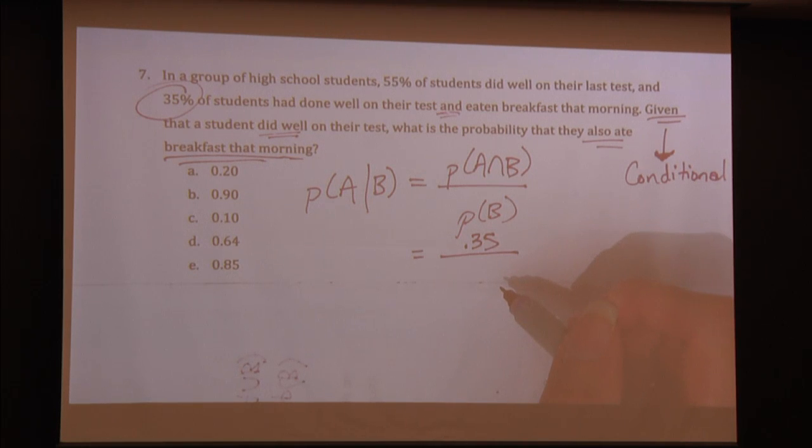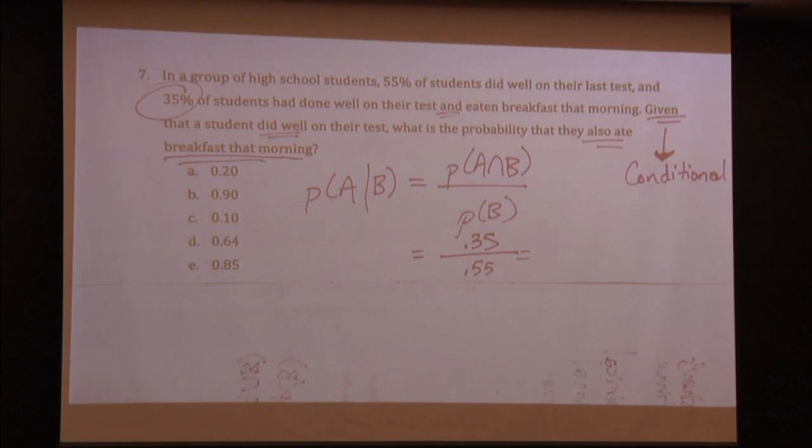What's on the bottom? I heard 0.55. So what answer did you get when you solve this out? I heard D, so 0.64.